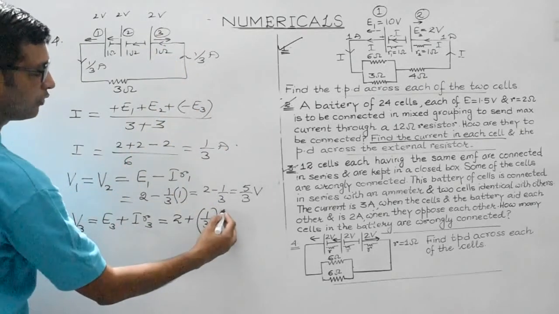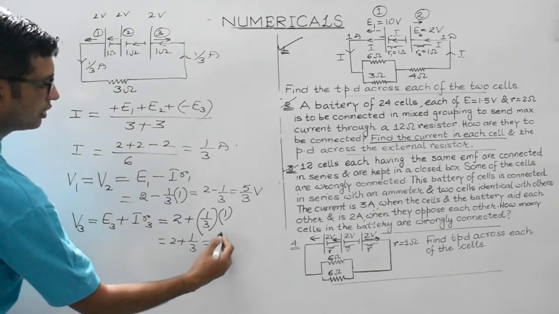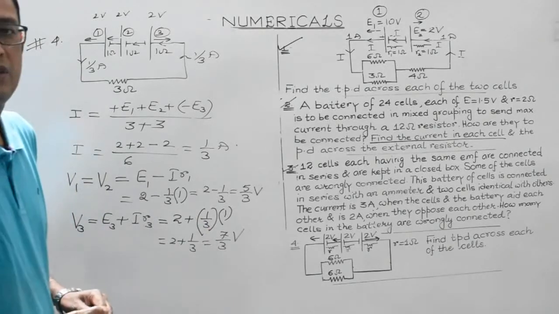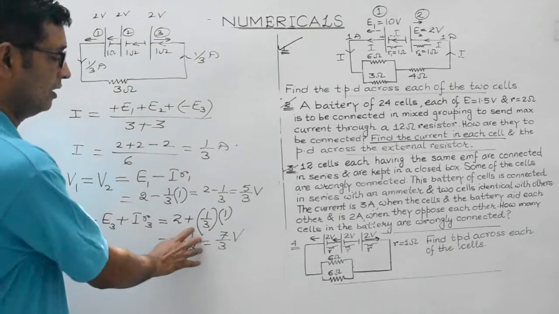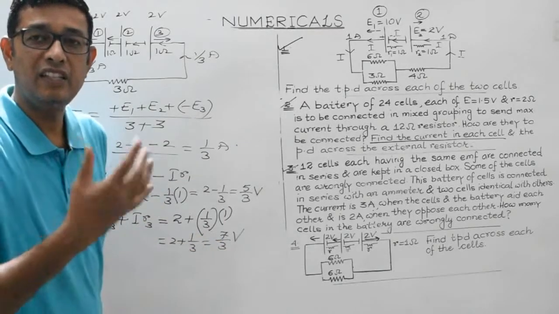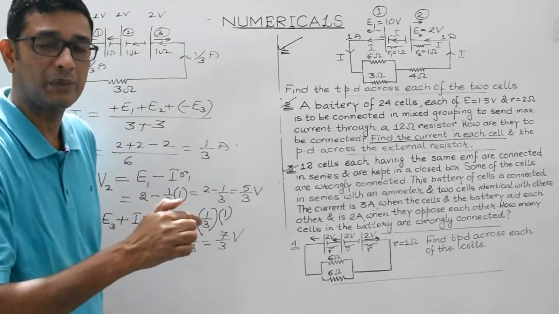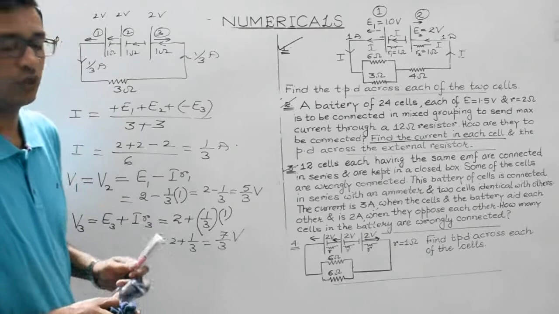Internal resistance offered by this cell is 1 ohm. So it will be 2 plus 1 by 3. It will be 7 by 3 volt, which is obviously greater than 2. So it again verifies the fact that the TPD is greater than EMF only if the current enters the positive terminal of that particular cell and leaves its negative terminal. Right, students?